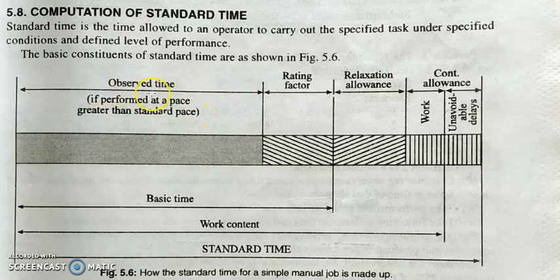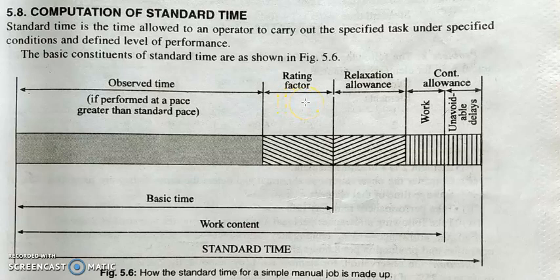Now once we obtain the observed time, the next step is to apply a rating factor. Rating factor is important here because while recording the time of the elements, the operator's speed of working is assessed and recorded on the observation sheet.